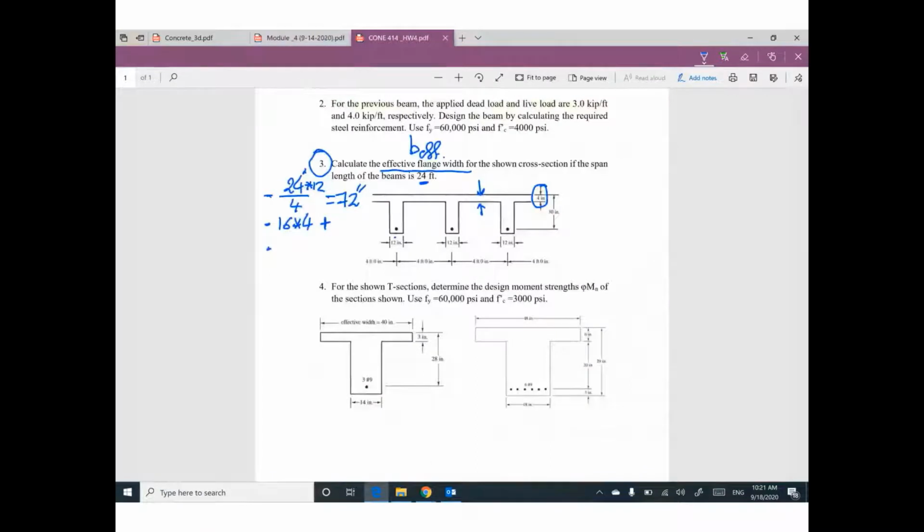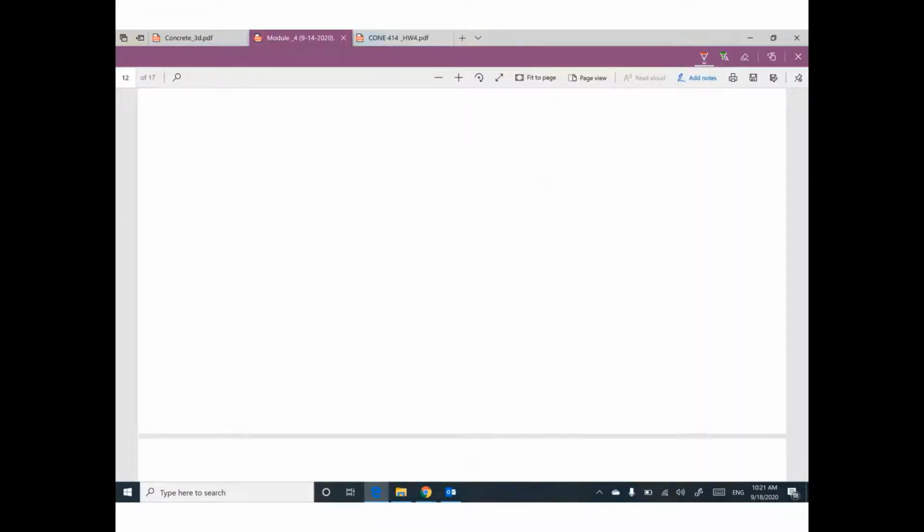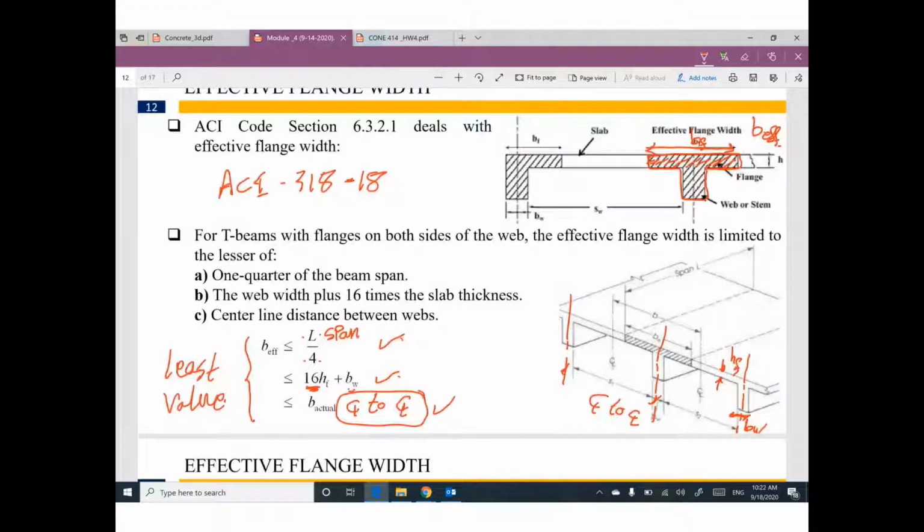What is the width of this web? How much is given? 12. We have a value 16 times 4 plus 12, which is 76 inch. Third condition, center line to center line distance.